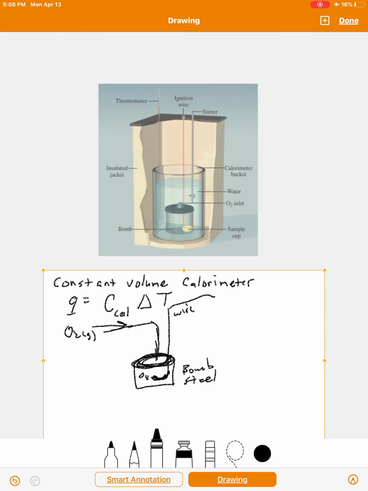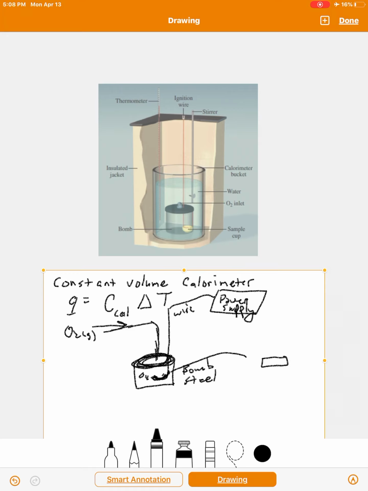And then that connects usually to some sort of power supply. Could be a battery. Could be even just 110 right out of the wall. Some sort of electrical power supply. And then there's a sample in that cup. So the way it's usually done, I'll draw it over here, is you turn the sample into a little pellet.